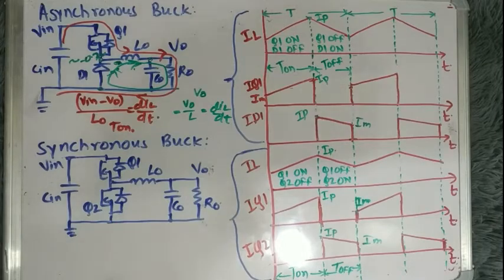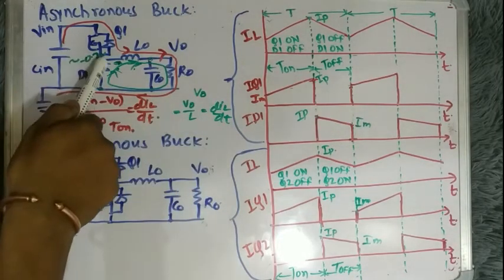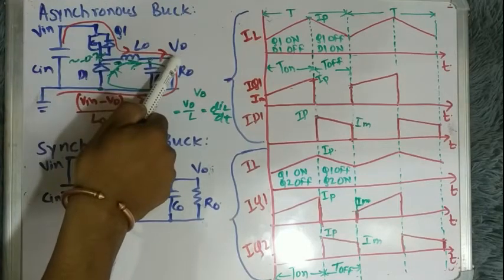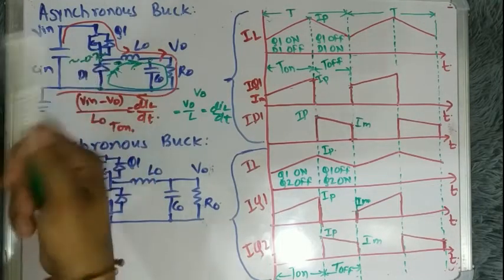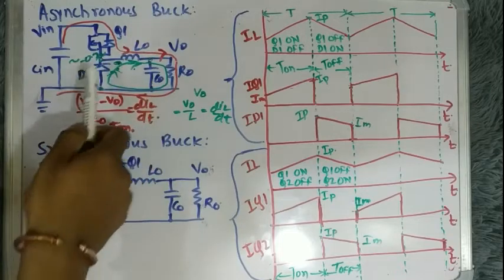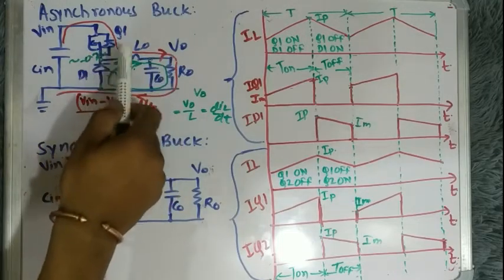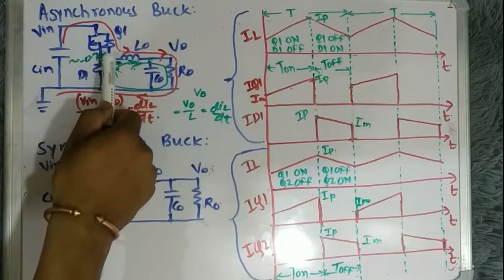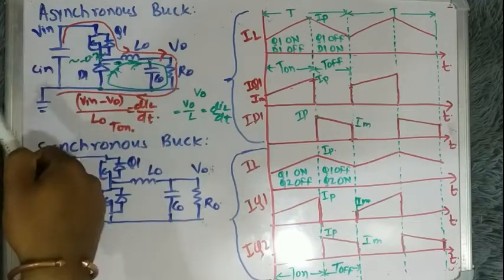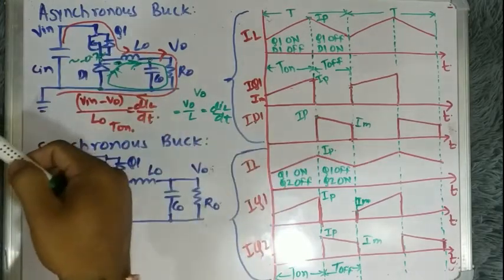I can explain it in another way. During time t on, Vin was appearing here and VO was at the other terminal of the inductor. Vin has a higher value since this is a buck, VO is less. So this terminal of the inductor was more positive compared to the other terminal. Now during time t off, what happens?